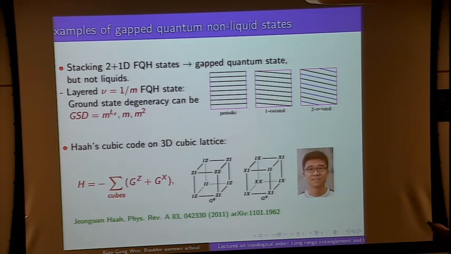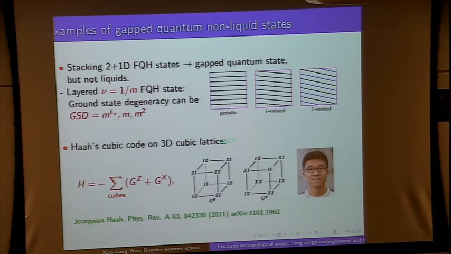Or you can have a skipping one, so this effectively has 2 layers, so m squared. So that's one sign of this kind of non-liquid system: the ground state degeneracy for a periodic system, depending on how you do the periodic boundary condition, can change wildly.